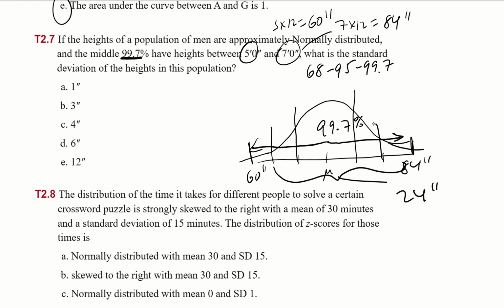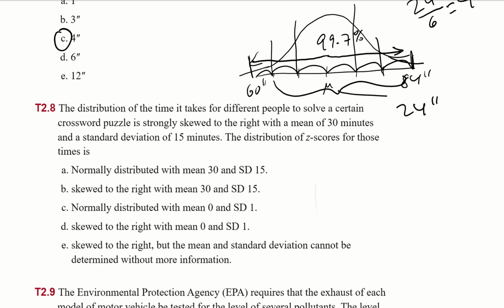So that means we have 1, 2, 3, 4, 5, 6 spaces there. So we got 24 divided by 6, which is 4 inches. So each of those spaces has to be 4 inches, right? So that you can have 3 standard deviations to the right, 3 standard deviations to the left of the middle. So the answer is C.